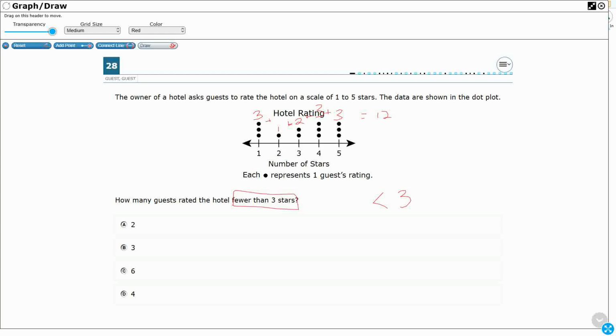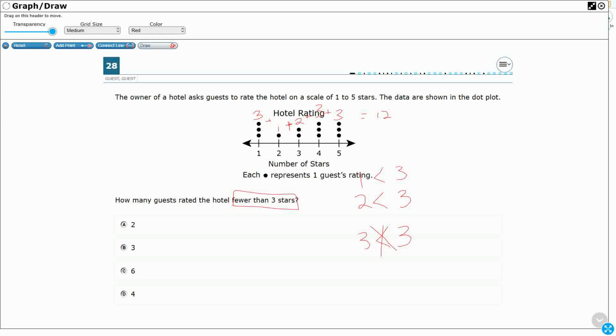Now, this is where it gets tricky. So what is going to be less than 3? Well, 2 is less than 3. We could say 1 is less than 3. What we cannot say is that 3 is less than 3. That does not work.